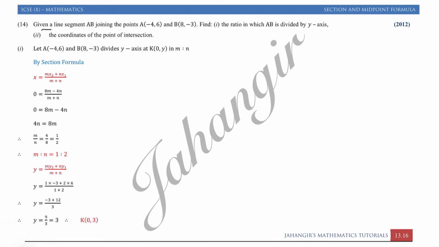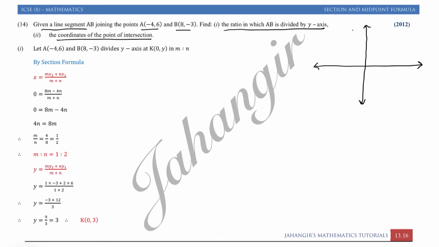Question number 14. Given a line segment AB where points A and B are given, find the ratio in which the y-axis divides it and also find the coordinates of the point of intersection. Again it is the same pattern question. So let us make an x-axis and y-axis. This is the y-axis and this is the x-axis.